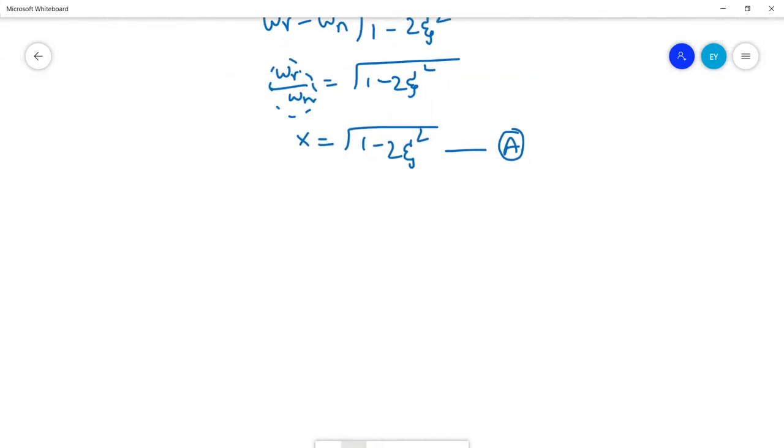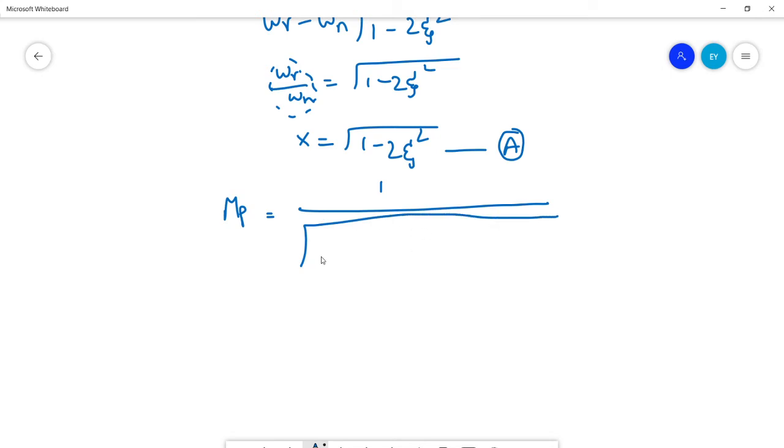What we get is the maximum peak, that is equal to 1 by square root of 1 minus, substituting this in x, (1 minus 2 zeta square) whole square plus 2 zeta square into x, where x is 1 minus 2 zeta square.